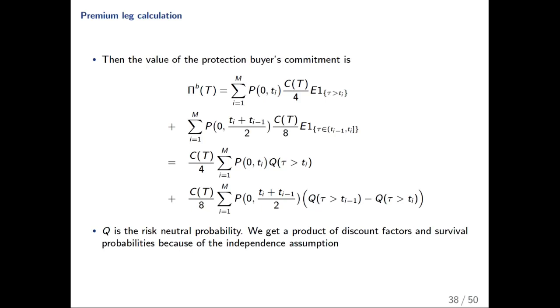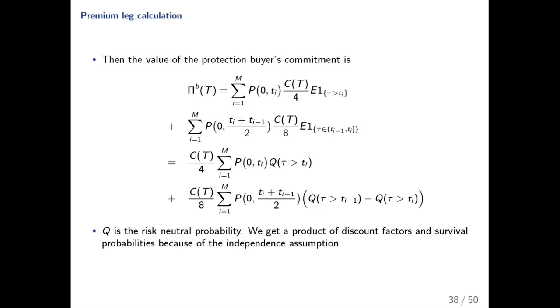What's the expected value of default in an interval, assuming that the default happens within that interval, but the payment is made in arrears from the midpoint to the end of the interval?